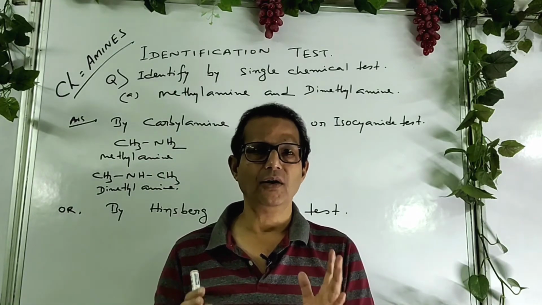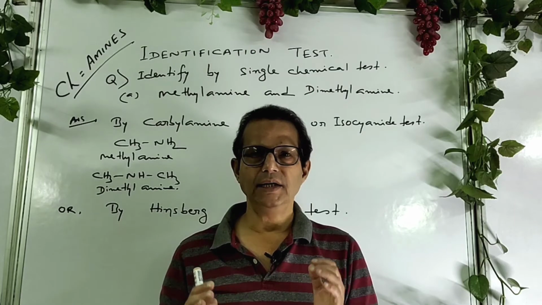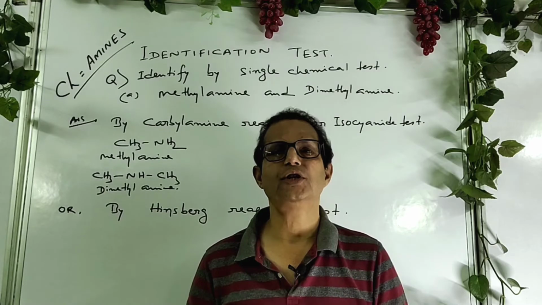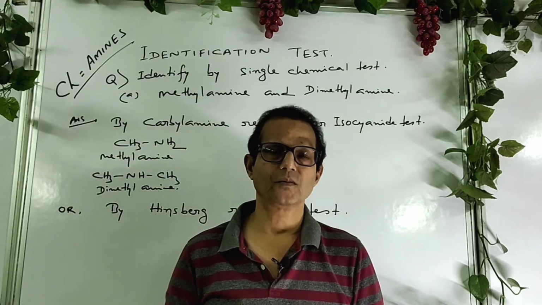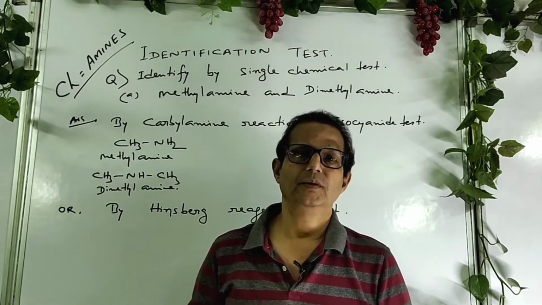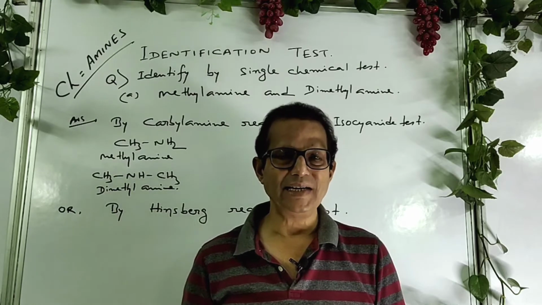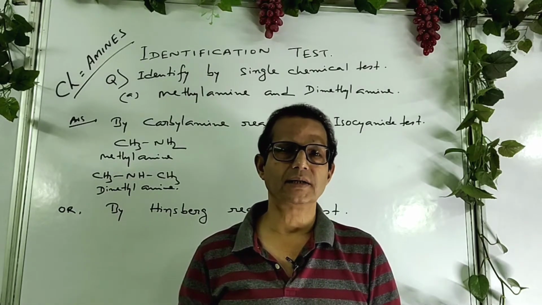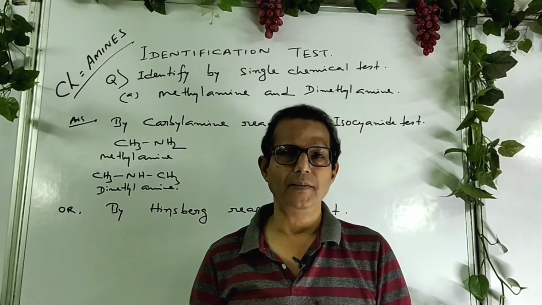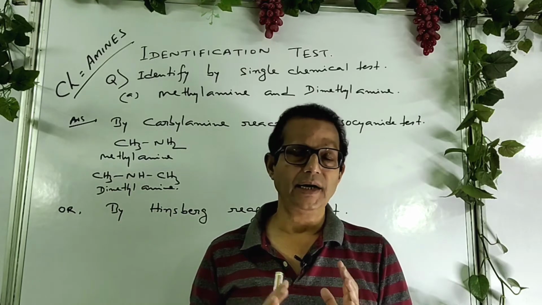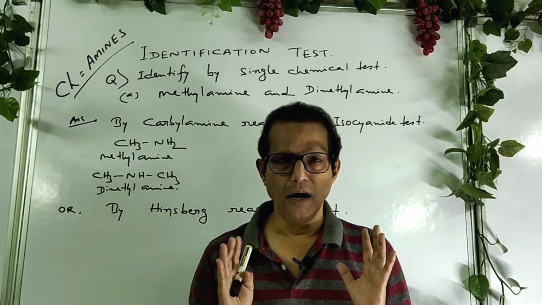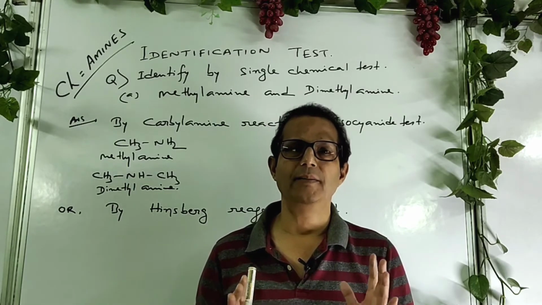When any aliphatic or aromatic primary amine is heated with a mixture of chloroform and alcoholic solution of potassium hydroxide, then isocyanide is obtained, NC, which has very unpleasant smell, and thus we can easily identify the given compound is a primary amine, while secondary or tertiary amine do not give isocyanide test or carbylamine test.